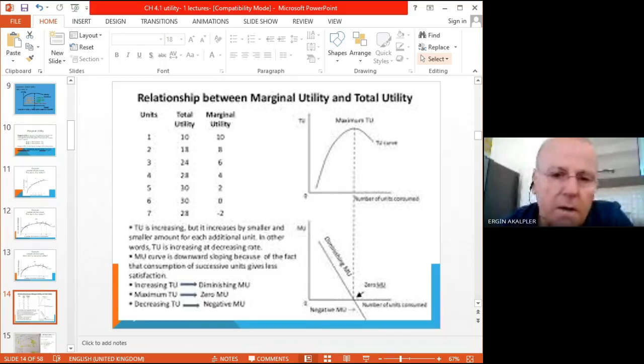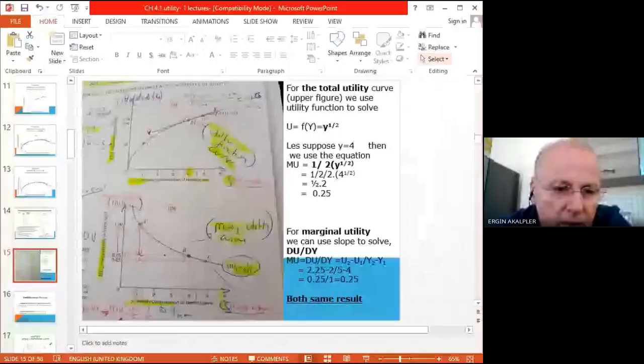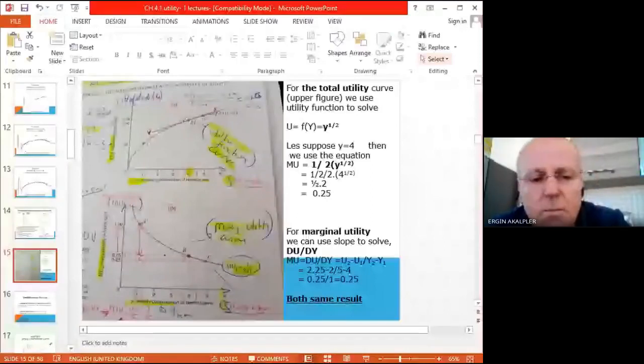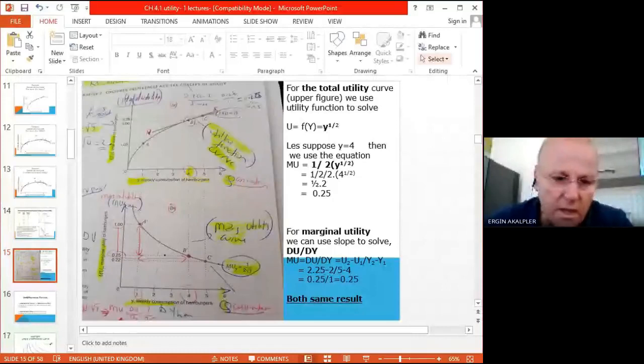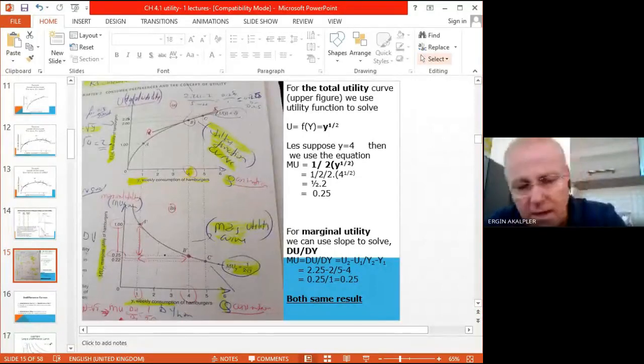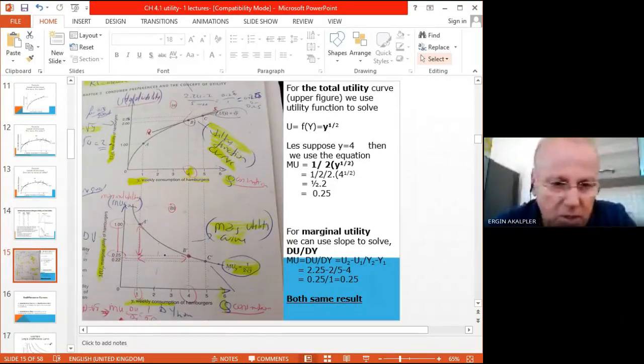Anyway, let's look at this given example or scenario to understand the total utility and marginal utility. Unfortunately, this is in the book and I couldn't upload this table and graphic to the PowerPoint, so I copied and put it here, because I have some calculations, and as you know, we don't have the mathematical application on the internet.